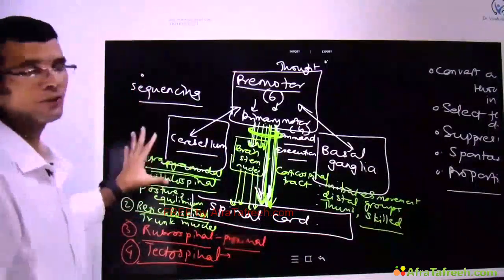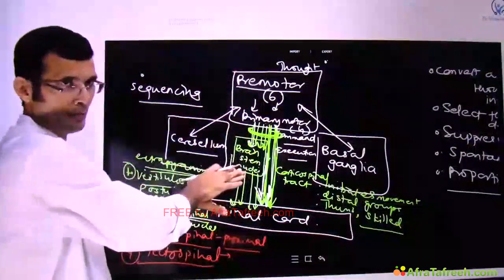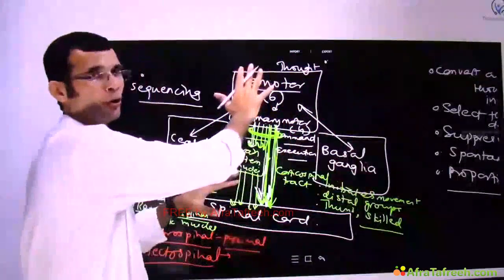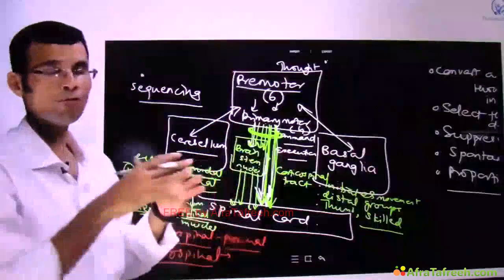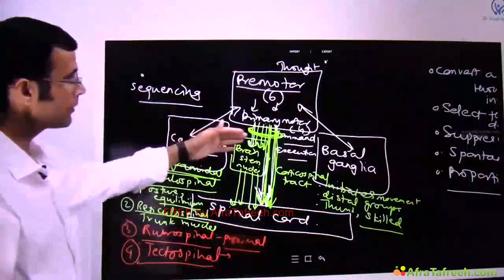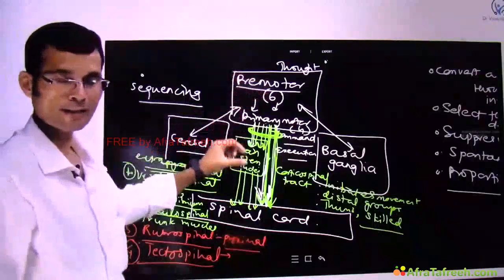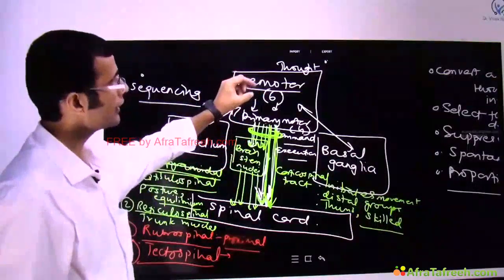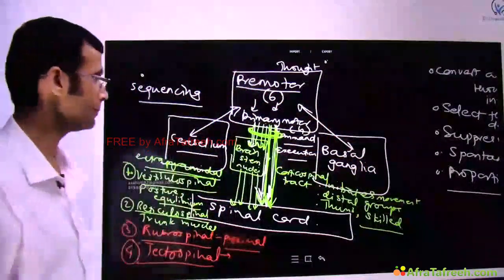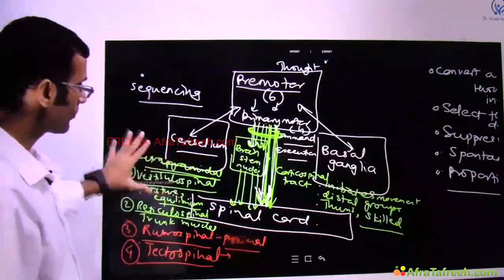These extrapyramidal tracts, the cortical areas that control them, and the basal ganglia connected with those cortical areas, this forms the extrapyramidal system. This entire system is the extrapyramidal system. So these are the tracts.